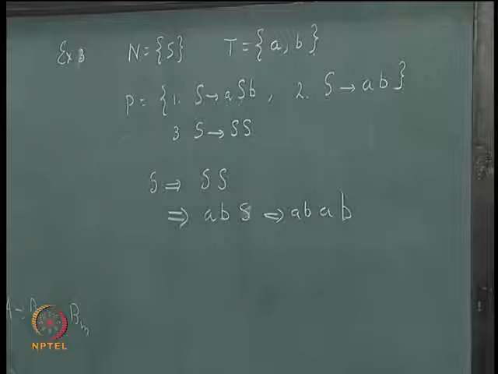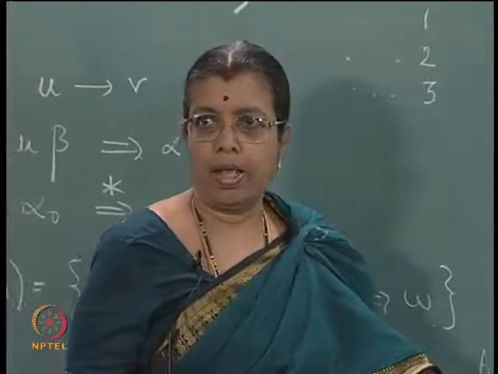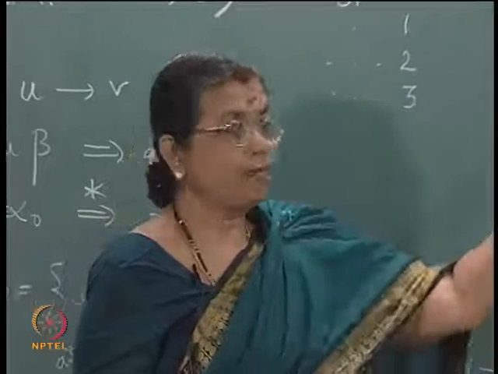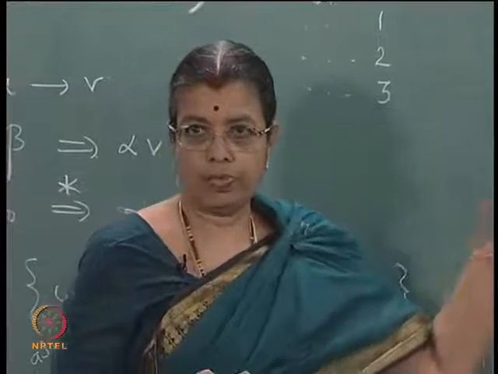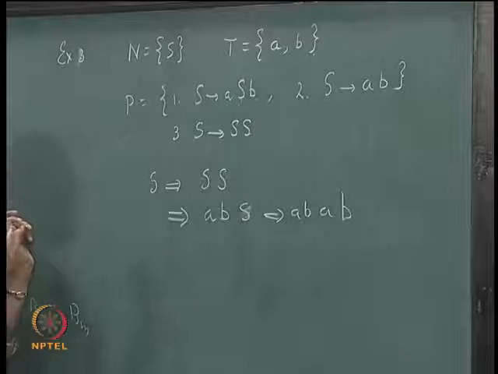So, ABAB can be derived, which cannot be derived with the first two rules alone, right. Similarly, you can see that ABAB can be derived, 4 ABs can be derived and so on.